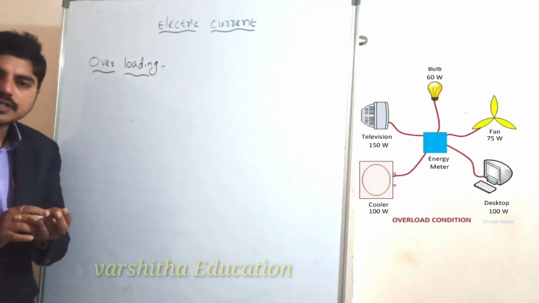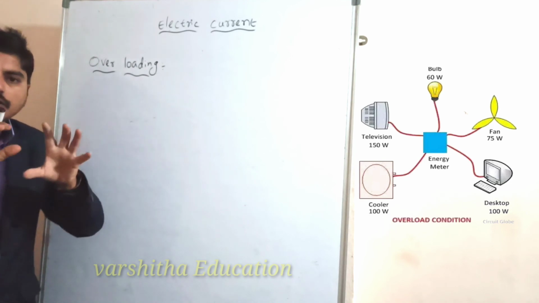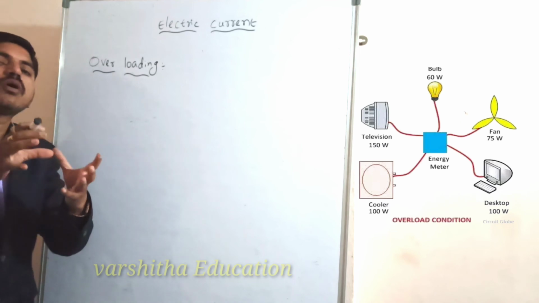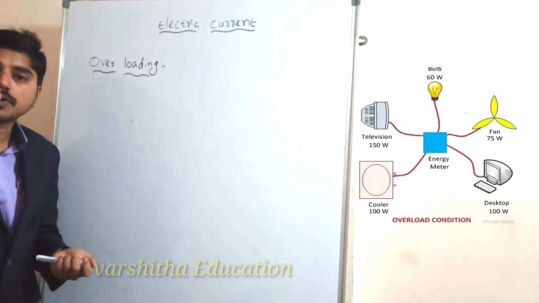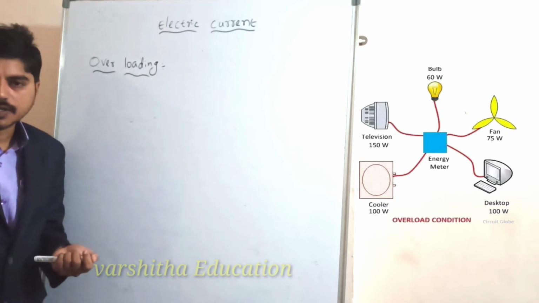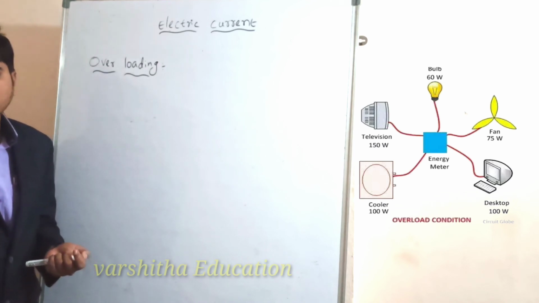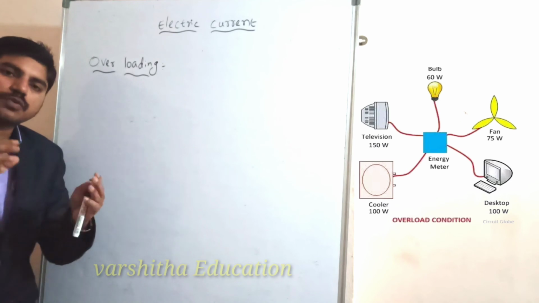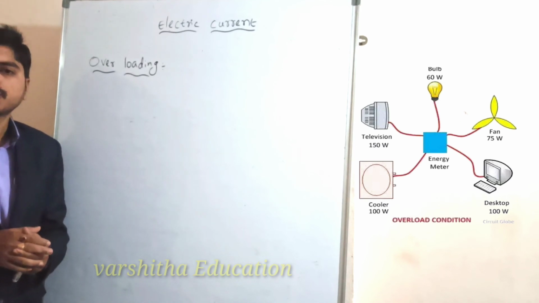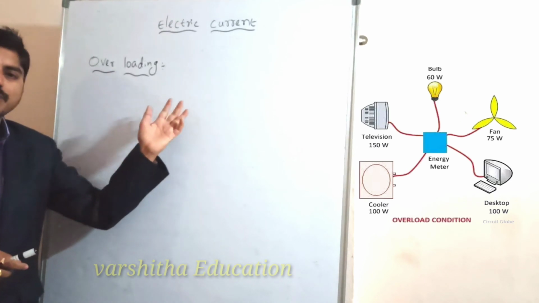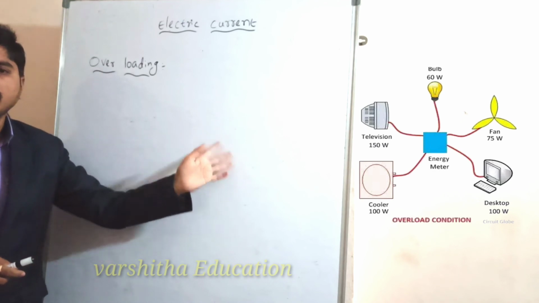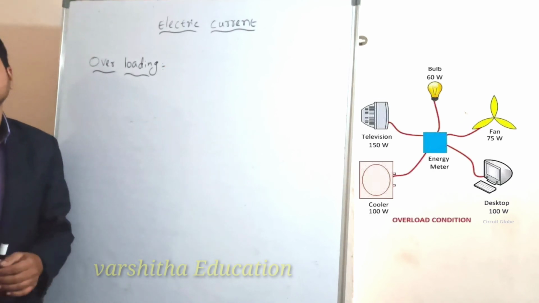Simply, overloading is when we use all the appliances at a time, while the supply in our homes is limited to a particular current.